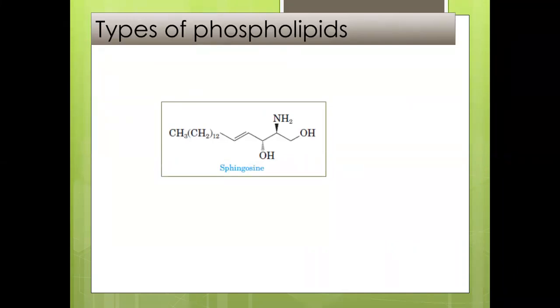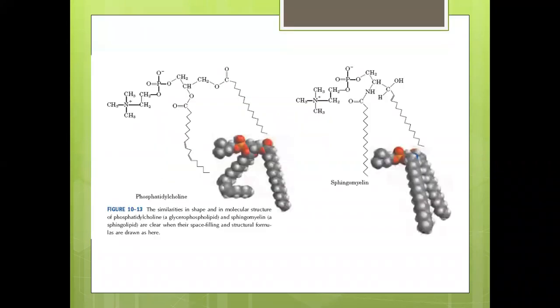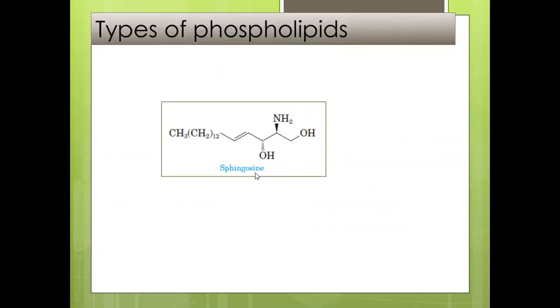So we'll look at the structure of another kind of phospholipid, which is the sphingomyelin. In the sphingomyelin, instead of a glycerol, you actually have the sphingosine. So what is the sphingosine? The sphingosine looks like glycerol. Look at the first, 1, 2, 3 carbons: the first has OH, but the second carbon has NH2.